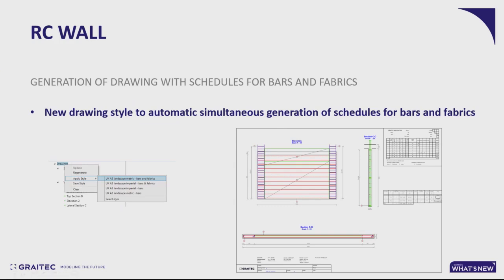But if there are also reinforcement meshes and fabrics, now we have two options. Either, as before, the schedule for meshes can be separately generated and added to the drawing, or we can use new drawing styles, as you see here, that will automatically and simultaneously generate the schedules for both fabrics and bars, as you see here.